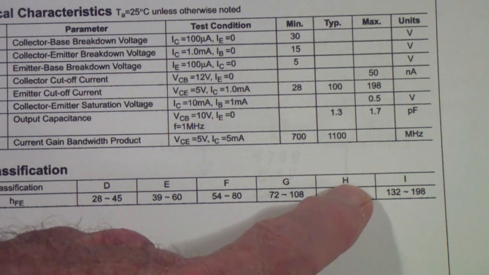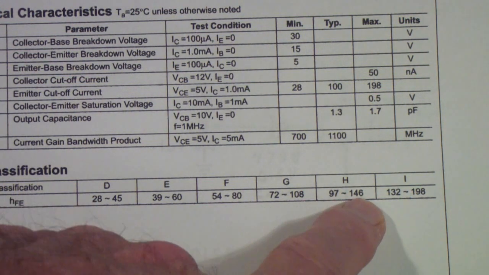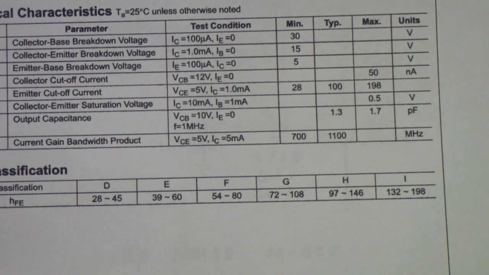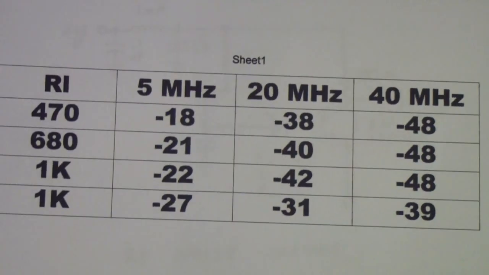I think the ones that I have are H, because they run between 90 and 140 or so. I have a whole box full of them that I bought as part of a kit. At any rate, they're a very general purpose transistor, pretty cheap. I think 40 cents each or something like that. I paid even less because I bought a pretty good sized kit. So those are some of the changes I made, and here are the results I got.